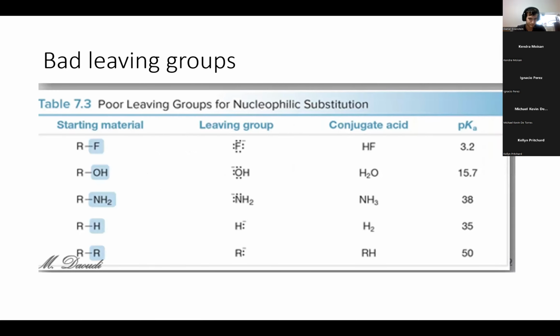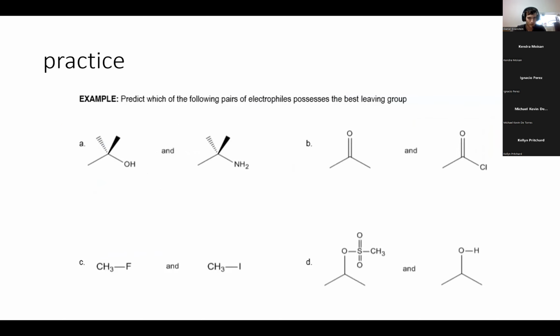Here's a little chart. A, which is better, the hydroxyl or the amine?